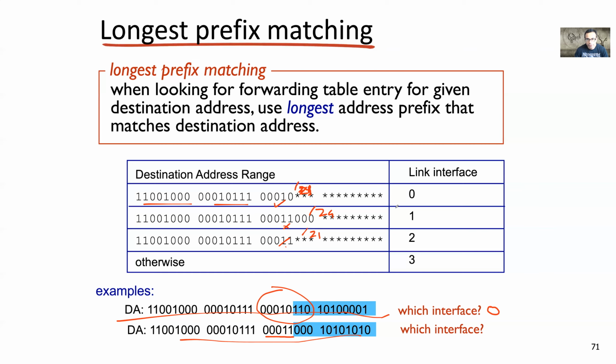So we get a match here, and we also get a match here, right? So we've got two matches. But remember, we are looking for the longest, that is, a more specific match. And clearly this is a longer match because the first 24 bits match. So the answer here would indeed be 1. Right? So yeah, well done.